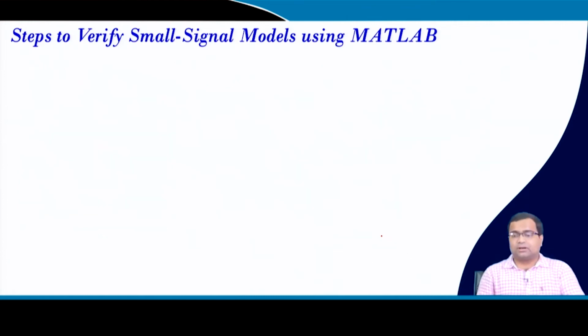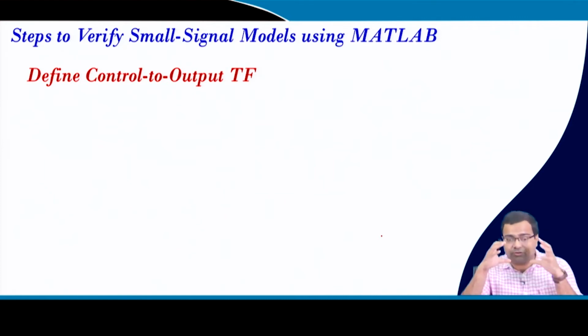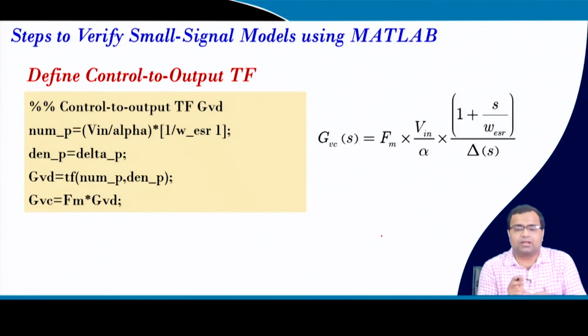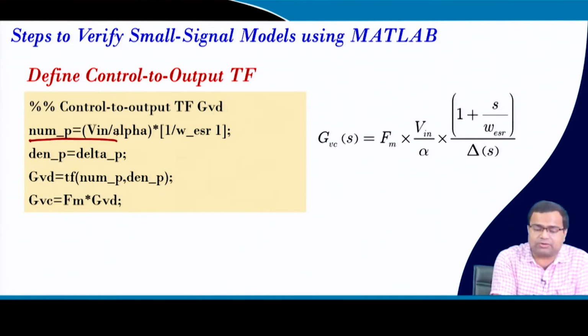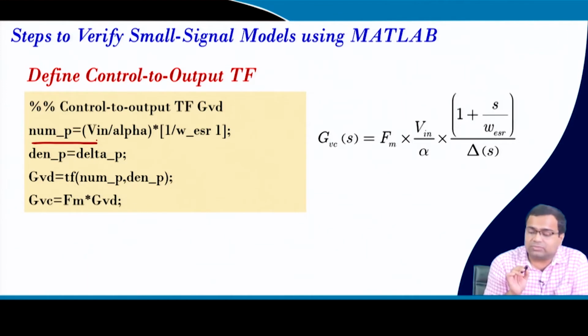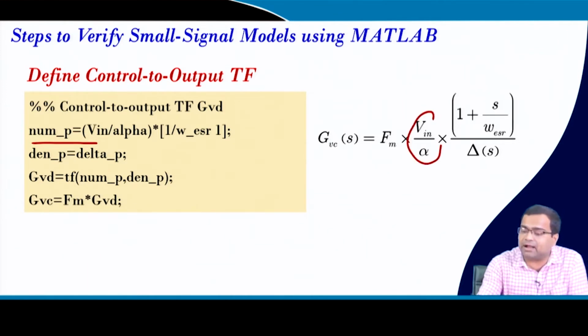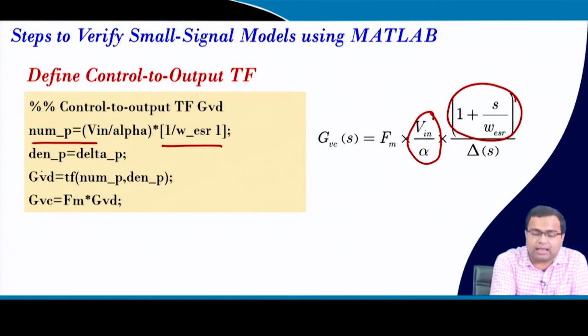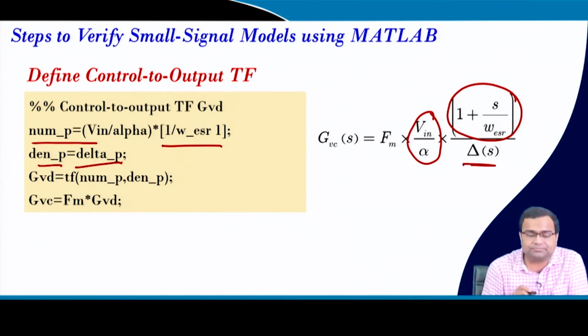Now, next we want to verify, suppose you want to write the control to output transfer function. The numerator is common, right? What is the numerator? It is Vn by alpha into this ESR zero, and the denominator is delta P of s, which is nothing but this.